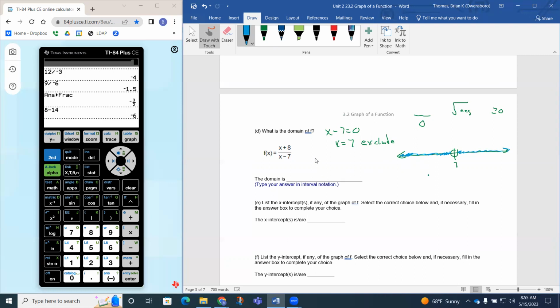So if I'm using interval notation, looking at this left interval, the left bound is negative infinity up to 7, in union with the right interval, where 7 becomes the left bound, and we don't include it, so we use parentheses, and we go to positive infinity. So that would be our domain using interval notation.